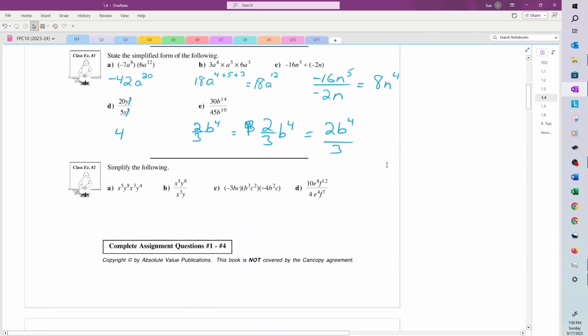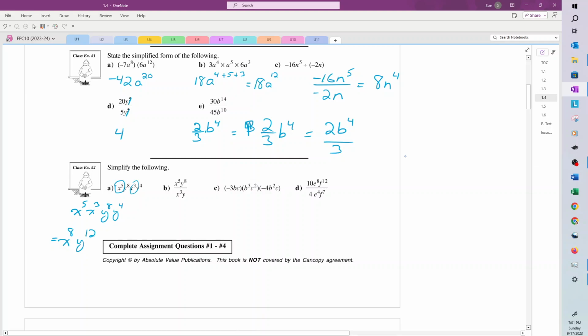Okay, simplify part 2. I'm going to combine my x's and then combine my y's. You could rewrite this as x to the 5, x cubed times y to the 8, y to the 4. And when you're first learning, that's probably a good idea. But since this is review, we can just maybe skip some of that and just combine it on the fly.